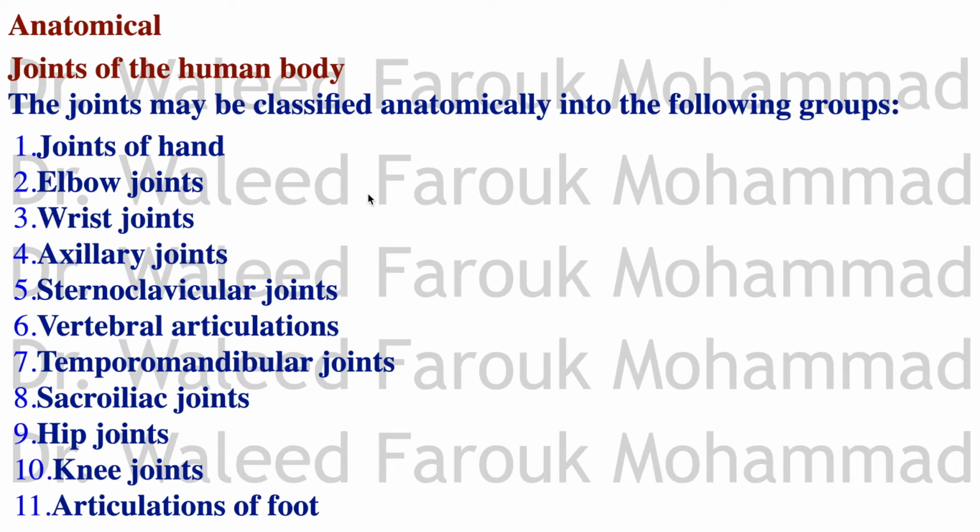Okay, you can classify joints of the human body anatomically into joints of the hand, the elbow joint, the wrist joint, the axillary joint, which is the shoulder joint, the sternoclavicular joint, the vertebral articulations, the intervertebral joints, the temporomandibular joints, the sacroiliac joints, the joint between the sacrum and the iliac part of the hip bone, the hip joints between the femur and the acetabulum, the knee joints between the distal end of the femur and proximal end of the tibia.